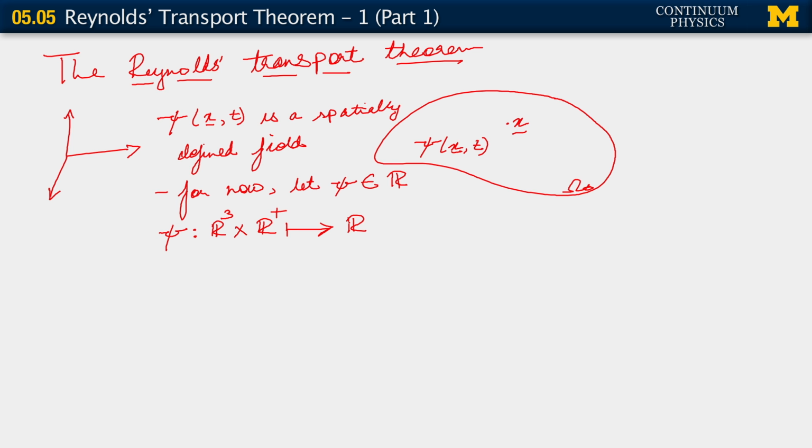So the question we want to ask ourselves is the following. We say that, all right, we have psi defined as a spatial field, and furthermore, let's suppose that psi has the properties of being some sort of a density. Let's suppose that psi is the sort of field that one can define per unit volume.